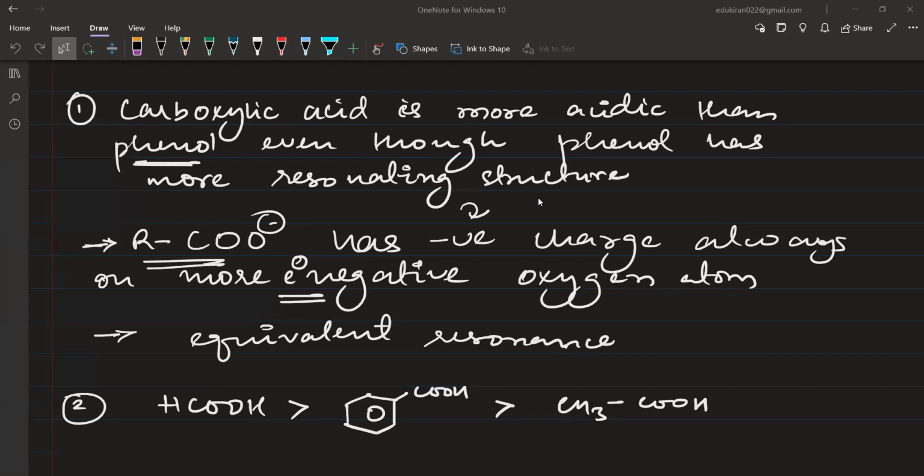So stability is proportional to acidic nature, right? Stability of conjugate base is proportional to acidic nature, yeah. Okay, stability of conjugate base, जो आपके पास ये कार्बोक्सिलेट आयन बन रहा है, और फिनॉल में आपके पास फेनॉक्साइड आयन बनेगा.